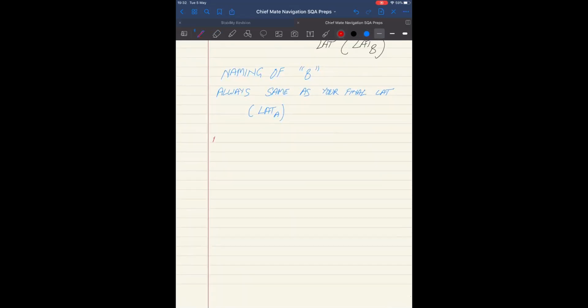Now naming of C. Again, it is named in the same way as we did for finding the initial course. So among A and B, whichever has a bigger numerical value, the naming of C goes with that name.